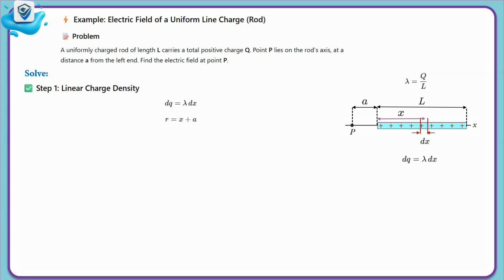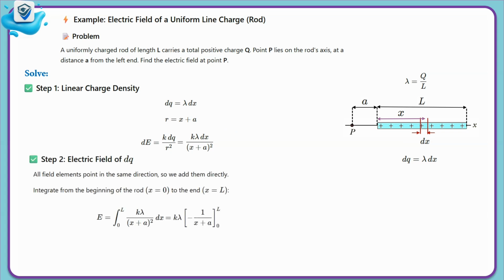Therefore, dE equals k times dq divided by r squared. Now substitute dq equals lambda times dx and r equals x plus a. This gives dE equals k times lambda times dx divided by the quantity x plus a squared.